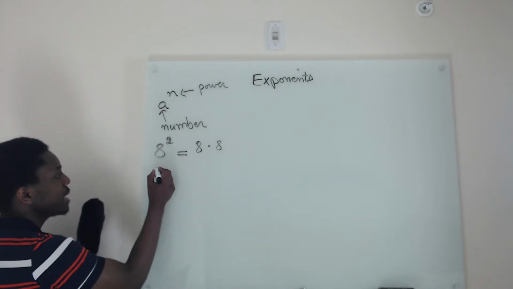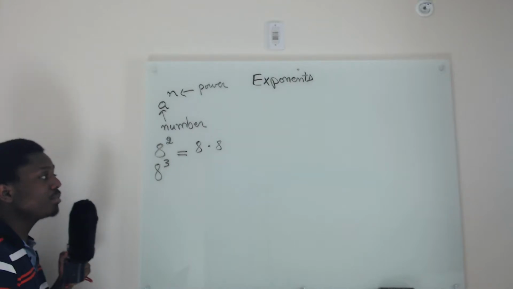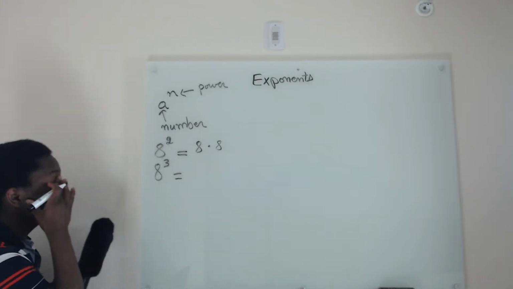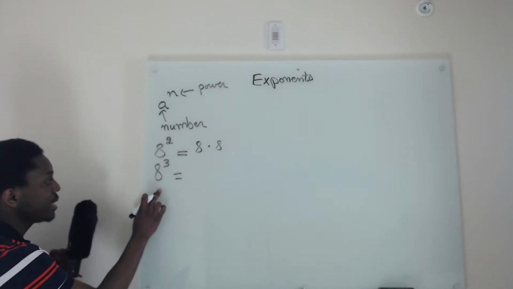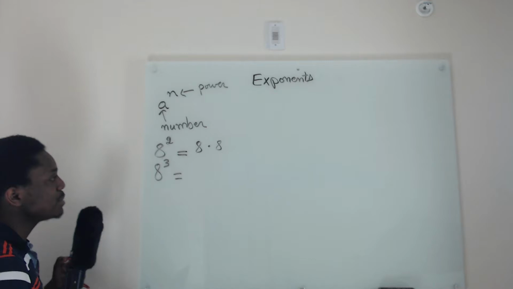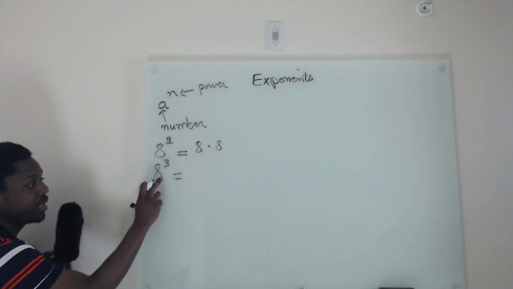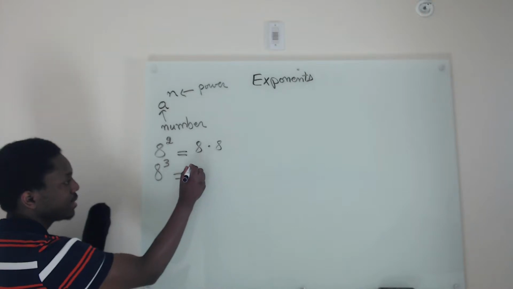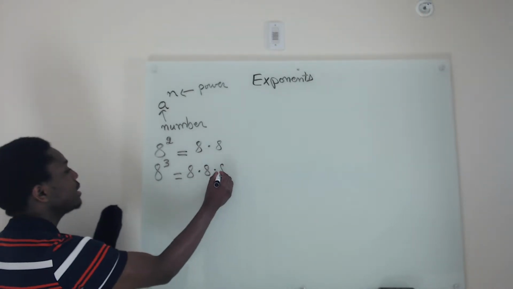So now let's take 8 to the power of 3, for example. So now in this case, the number 8 is being used in a multiplication how many times? 3 times, since it's to the power of 3. So we write 8 times 8 and times 8 again.